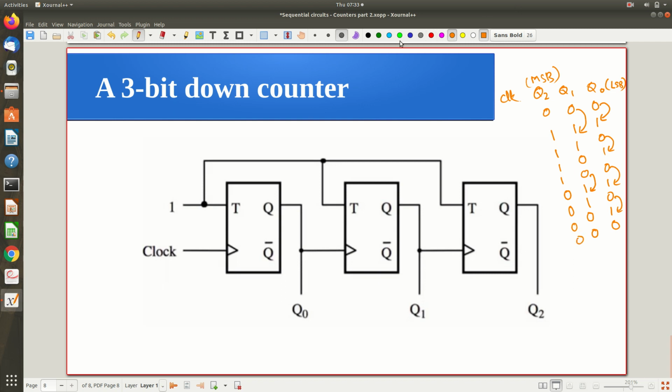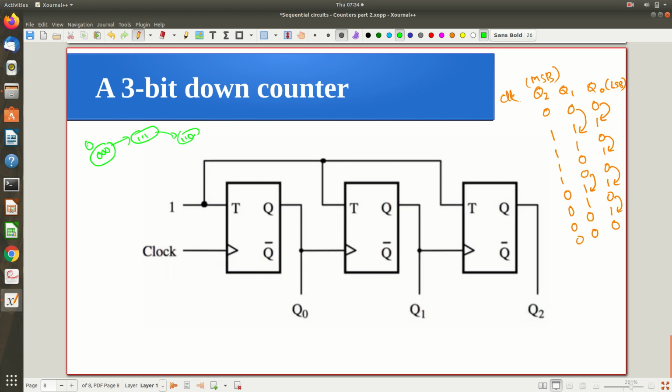Now if you observe these numbers, this is your state diagram. Observing Q2 Q1 Q0 everywhere, 0 0 0 is changing to 1 1 1, and from here to 1 1 0.